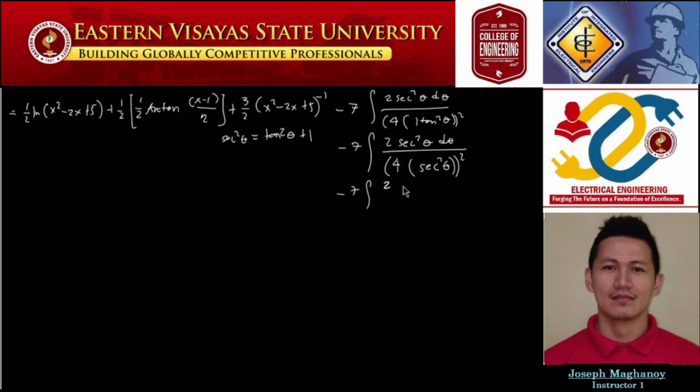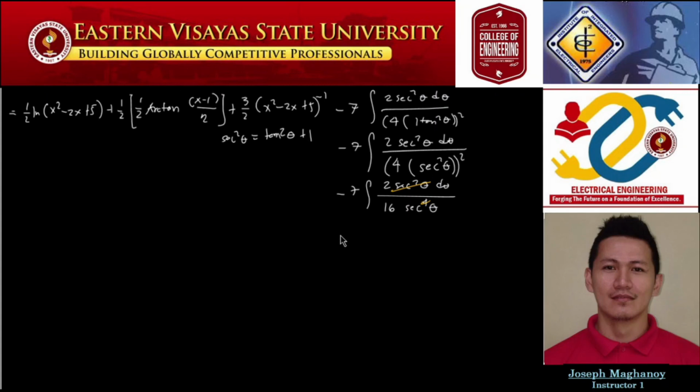Integral of 2 secant squared theta d theta all over square of 4, that is 16, secant squared, that is secant to the 4th theta. Here we have a common, so we can cancel this out. Secant squared and secant to the 4th less 2 power, so the remaining is secant squared.